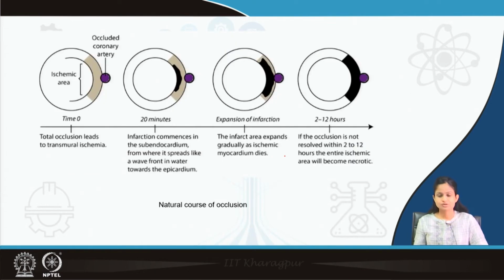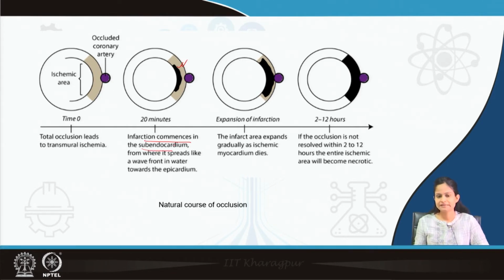Now, what is the natural course of occlusion in myocardial infarction? Whenever there is an occlusion in the coronary vessels, ischemia immediately starts occurring. This ischemia, the infarction, commences in the subendocardial region. It will give a time period of 20 to 30 minutes. Why?